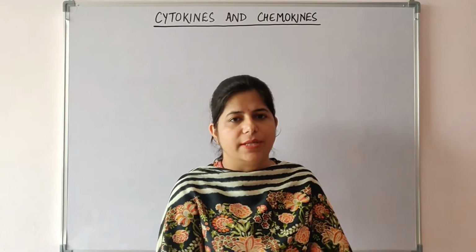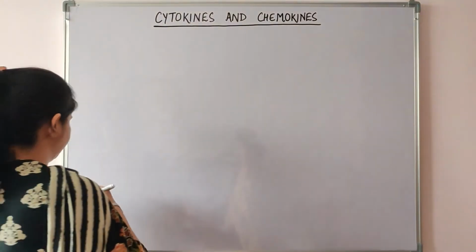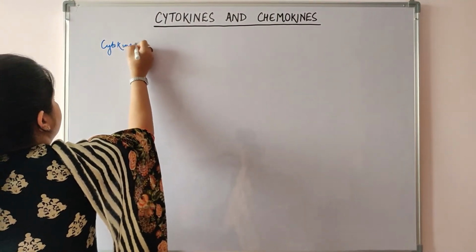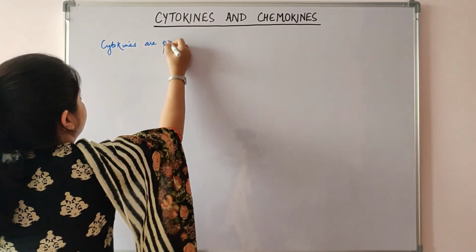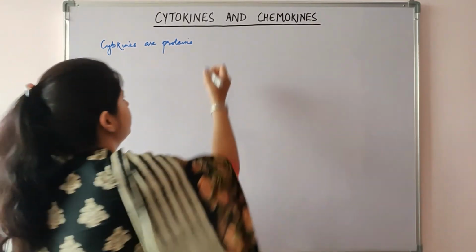So what are cytokines? These are cell derived mediators of inflammation. So cytokines are proteins that are produced by many cell types.